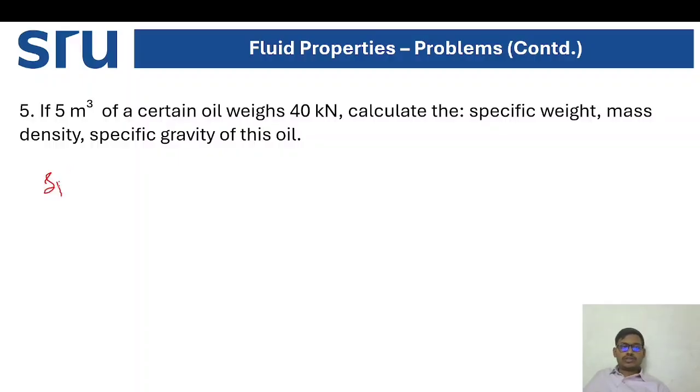So specific weight equal to weight by volume, that is equal to 40 into 1000 by 5, because it is kilonewton, so we are converting it to Newton, that is equal to 8000 Newton by meter cube.